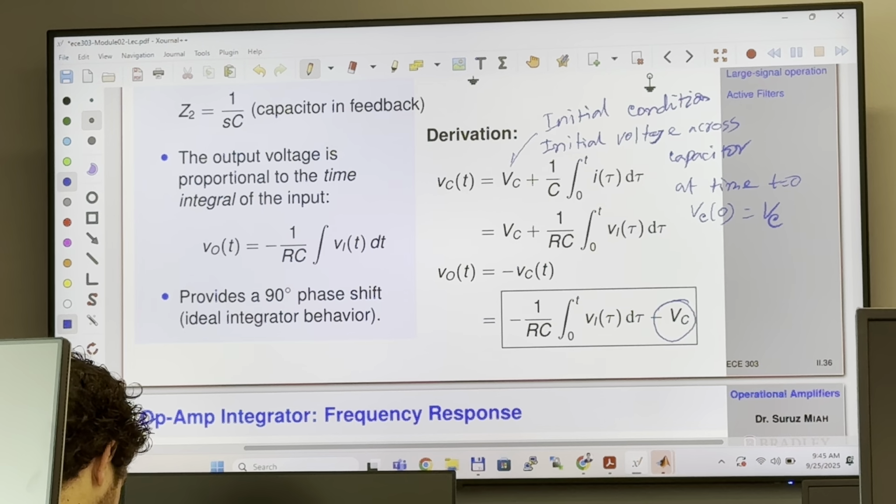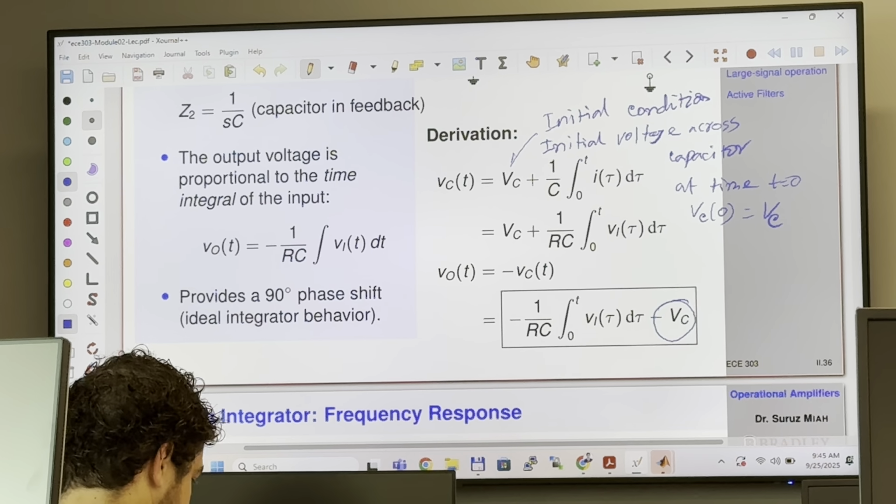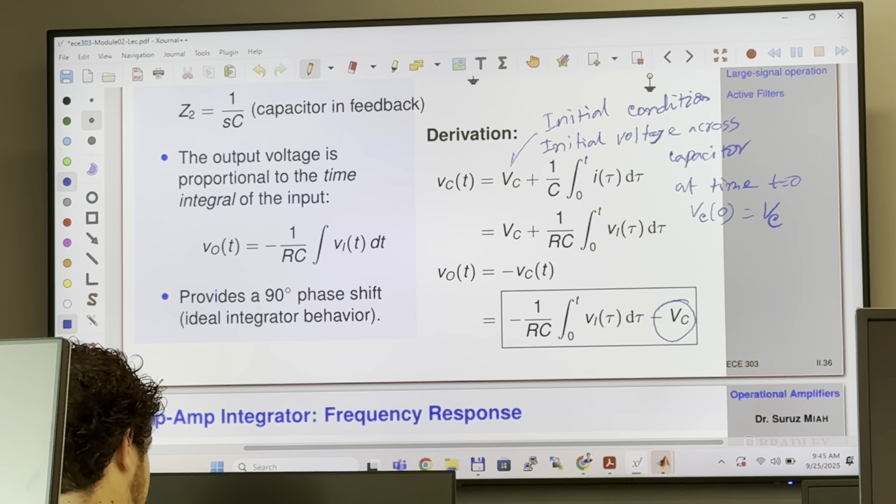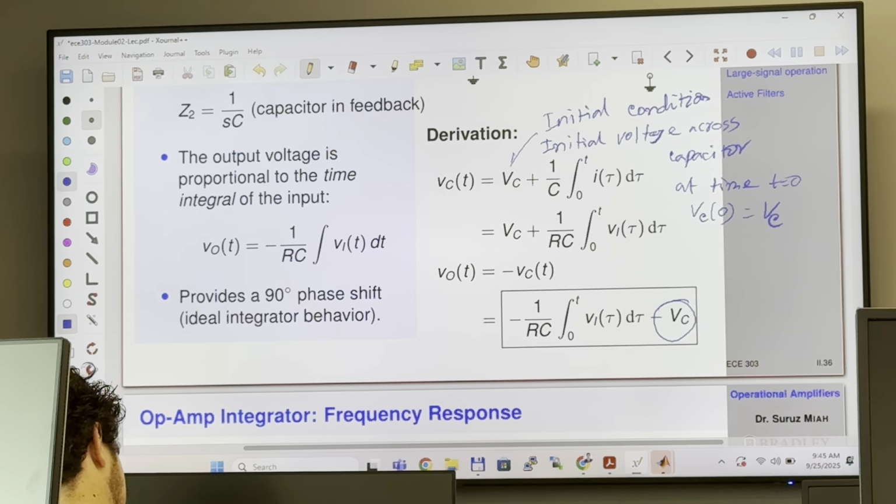I think Stephen was asking why there was an offset. You remember, Stephen, when you showed me? I think I was asking if the integral should be from 0 to t. Oh yeah. So you had a limited integral 0 to t. Now we do not know what the condition is at time 0.